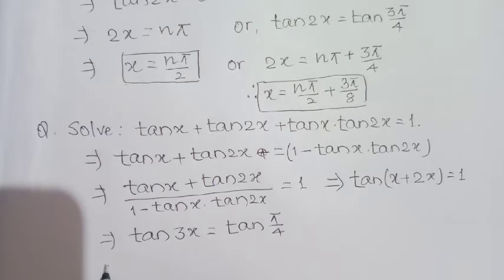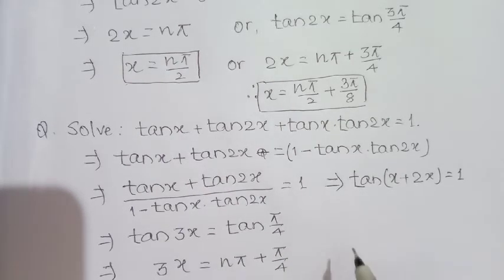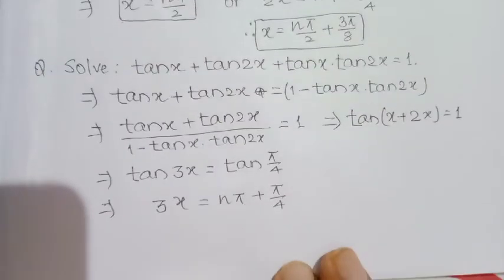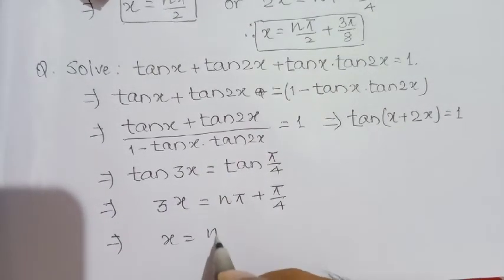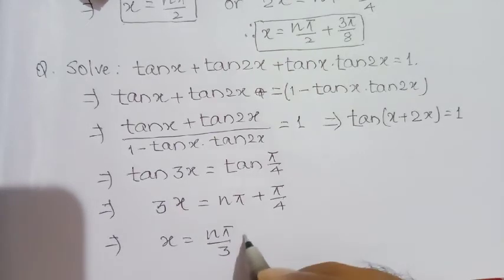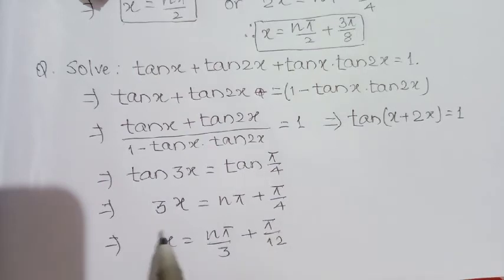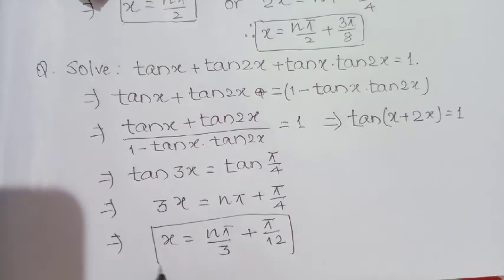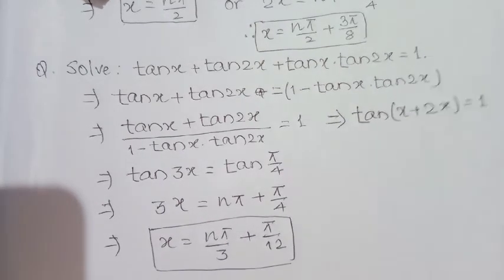So the solution will be 3x is equal to n pi plus pi by 4, and hence x is equal to n pi by 3 plus pi by 12. This is the general solution of such type of problems which we have solved.